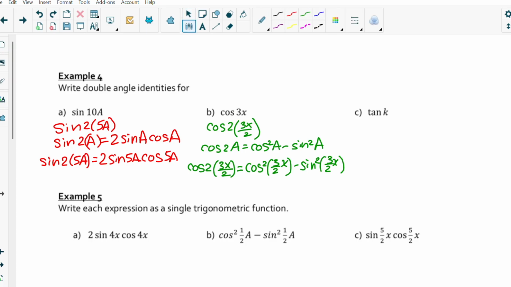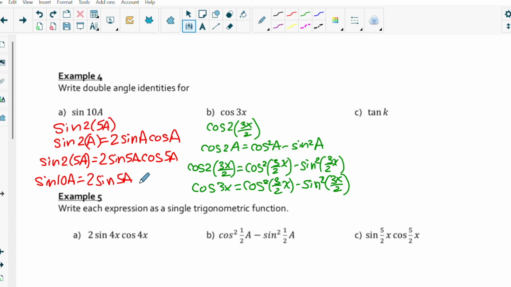Okay, good so far. And I can write the left side as cosine of 3x, just to show that the final value is the same. And for the first one, sine of 10a equals 2 sine of 5a cosine of 5a.